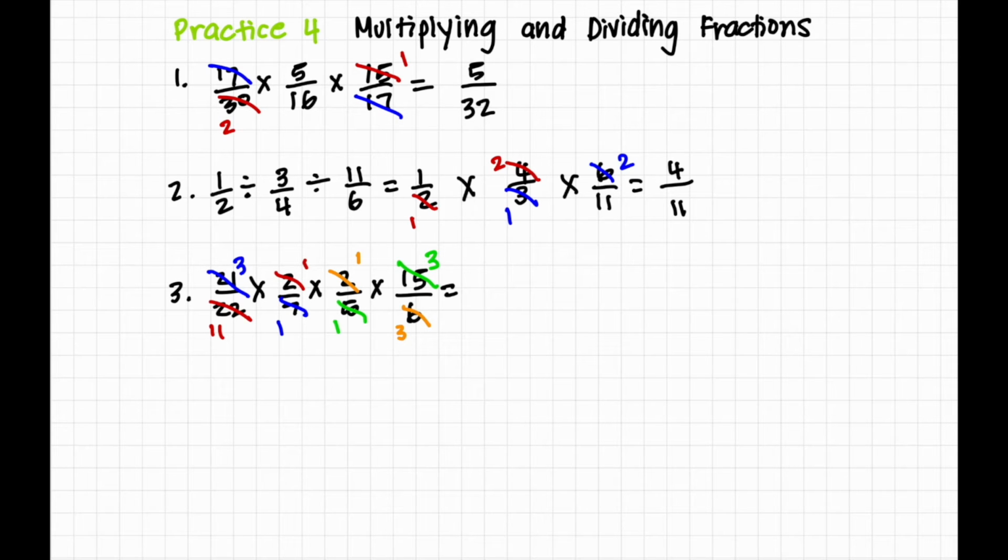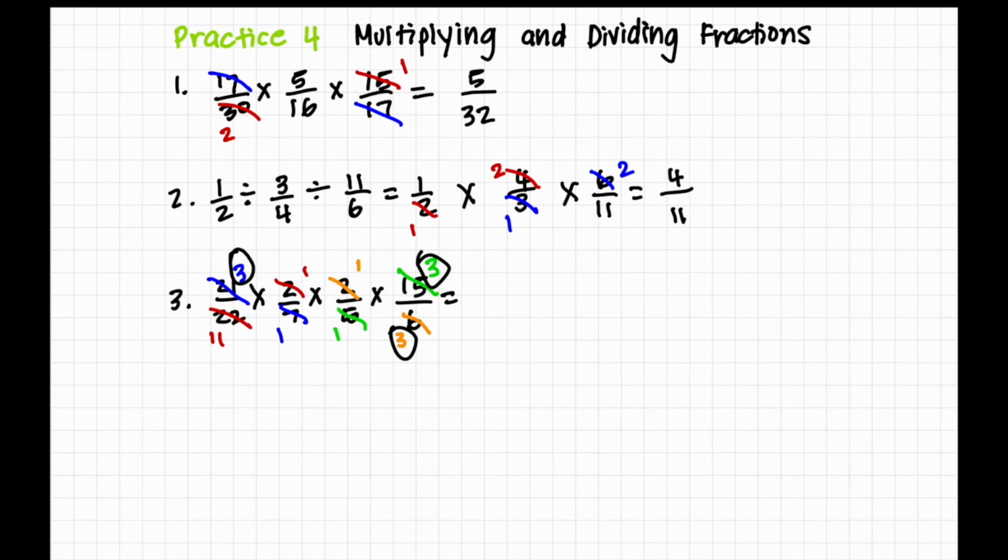Since we have a 3 up here and a 3 down here, we can cross them out because 3 over 3 equals 1. And anything times 1 is itself, like we talked about before. So we would actually just see 3 over 11.